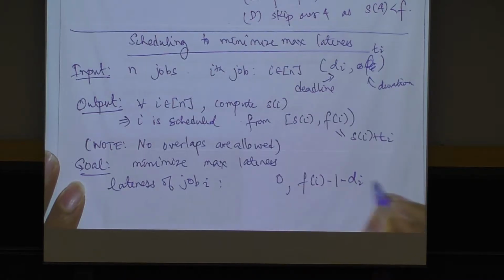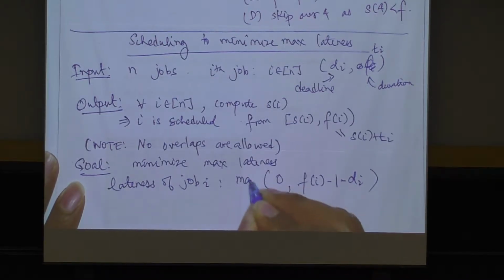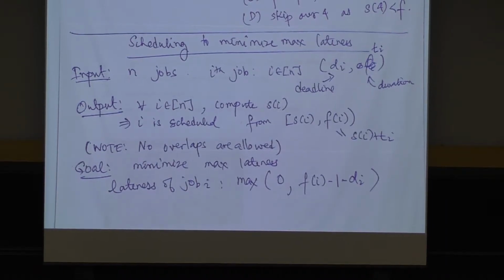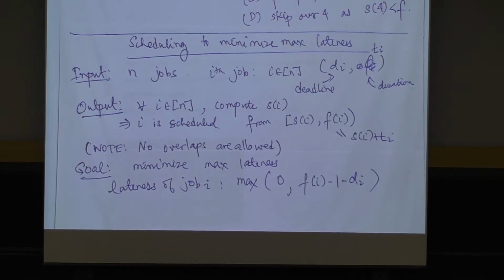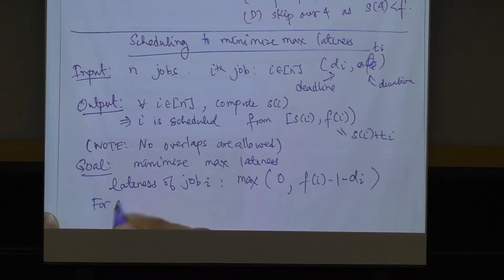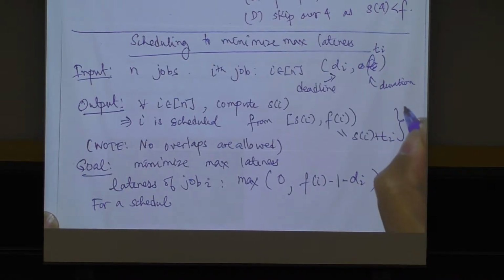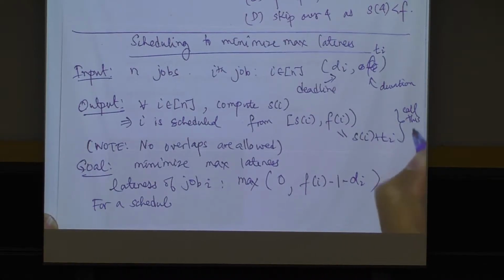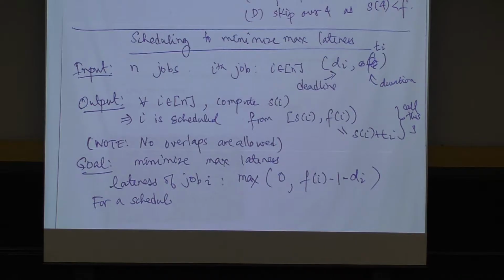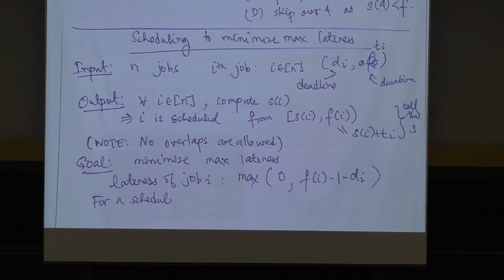But as I said, if you finish strictly before the deadline, you're not getting any benefit. So if you finish strictly before the deadline, the lateness is still 0. And for a schedule, by the way, let's call this S. Now, remember the previous problem, a schedule was just which jobs you had picked, but that's no longer enough.